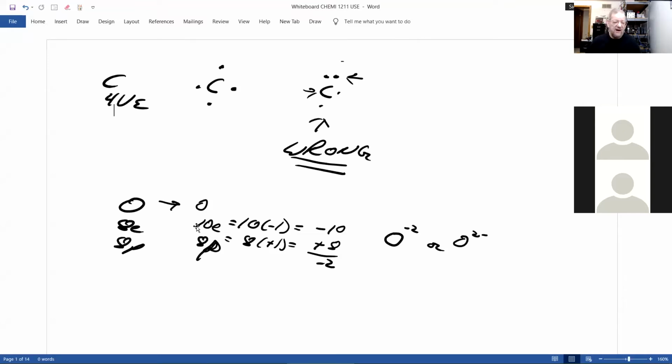Each electron is a -1 charge, each proton is a +1, and you add them up, and write the symbol and the charge. And that's how you do the charge.